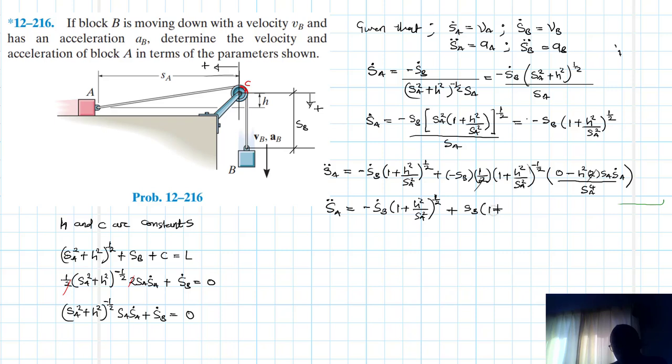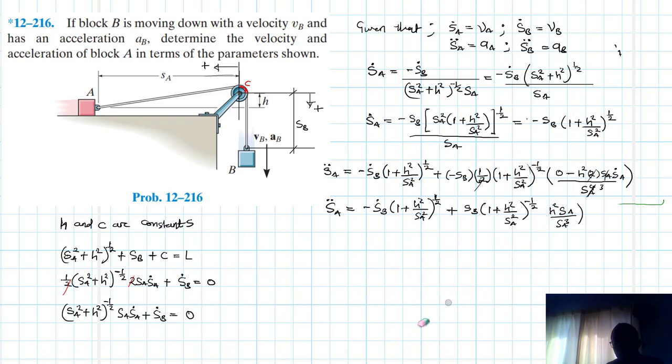Then 1 plus h squared over SA squared to the power minus 1 over 2, and then times h squared. One SA there cancels out, h squared, and here we remain with the 3 like so. So then SA divided by h to the power 3.